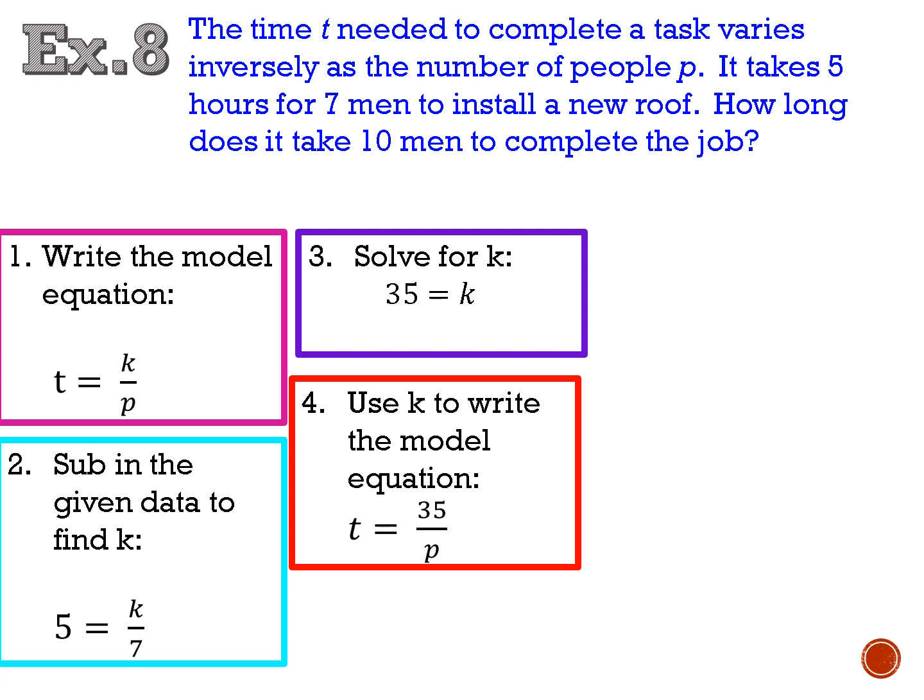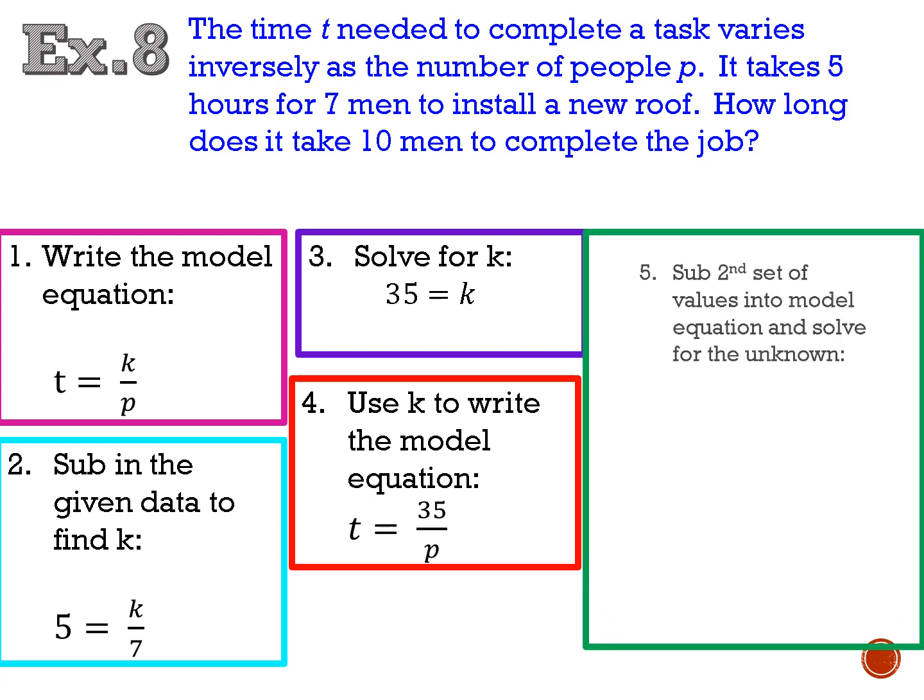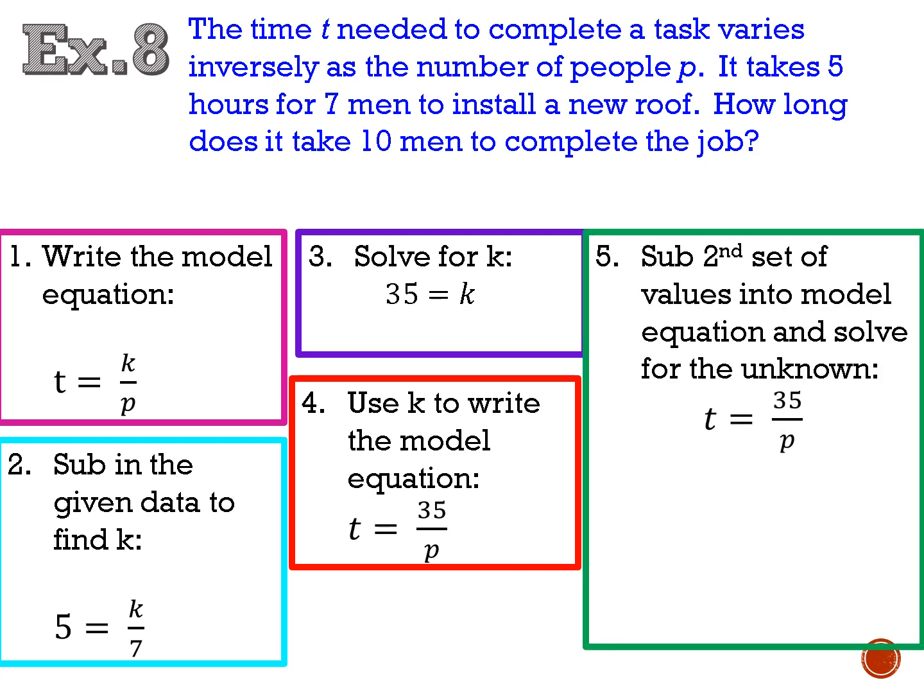This time I want to know t, so I'm going to leave t as a variable, but I'm going to put 10 in for the number of people. And I get 35 over 10. Now, I'm going to do 35 divided by 10, and I get 3.5.